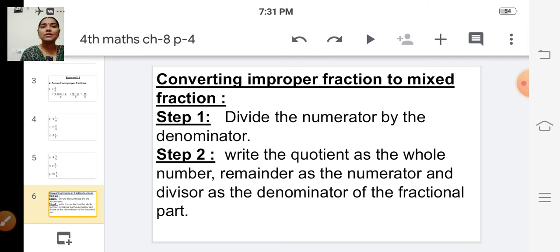The next one is converting improper fraction to mixed fraction. So the vice versa. Just now we have converted the mixed fraction to improper fraction, isn't it? So now we are going to learn how to convert improper fraction to mixed fraction.